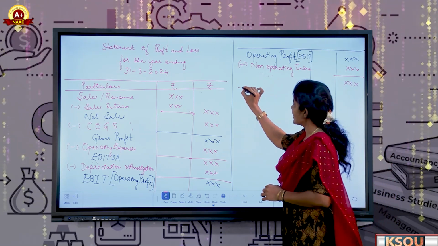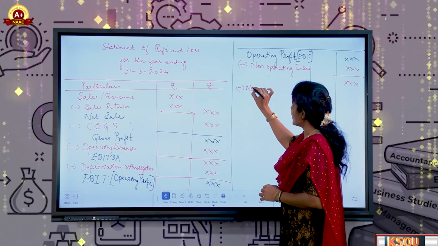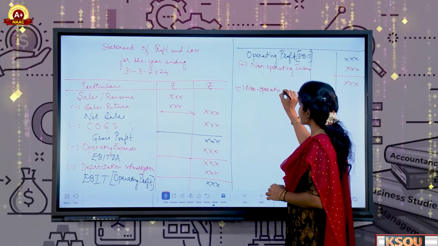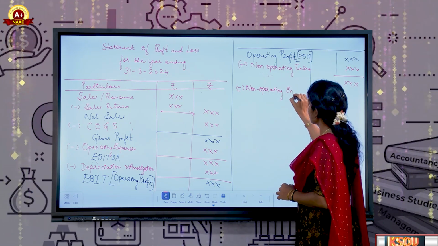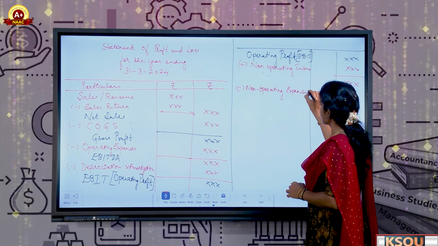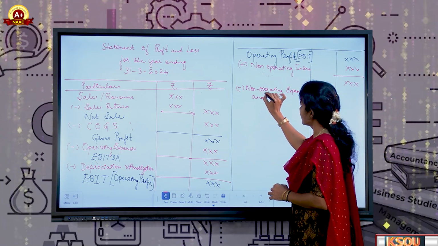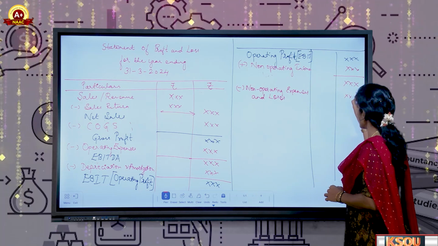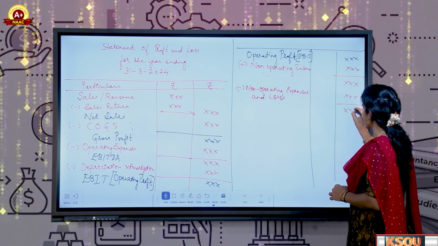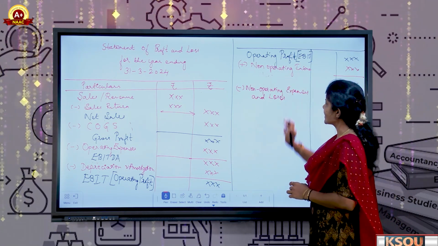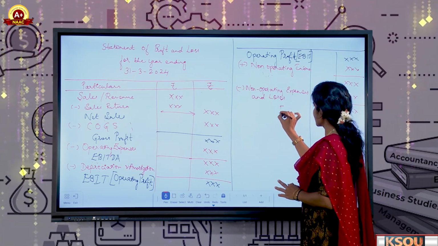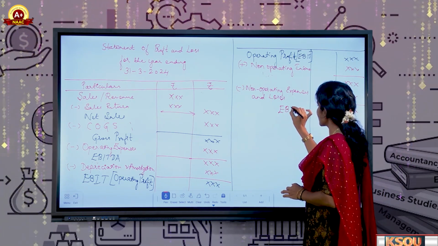And for this, we need to deduct non-operating expenses and losses. So if you deduct non-operating expenses and losses after adding non-operating income, what we get is called EBT.